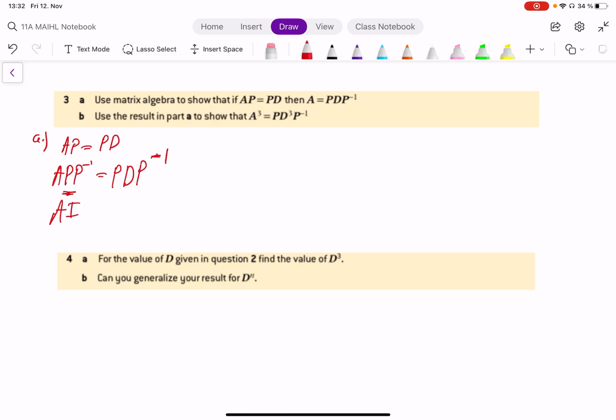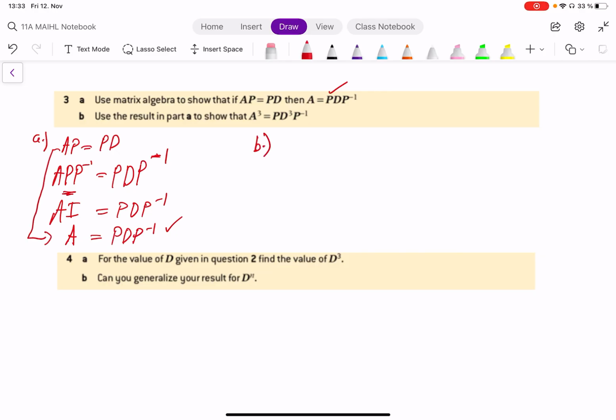P times its inverse is the identity matrix, and this is P, D, P inverse. And so then we can see anything times the identity matrix is itself. So the left side is A, and then we have P, D, P inverse. Right, so we've proven that that's true, that I can transform this into this down here.